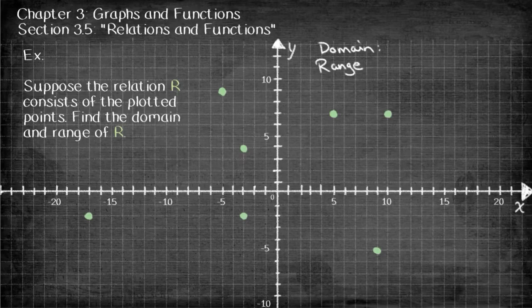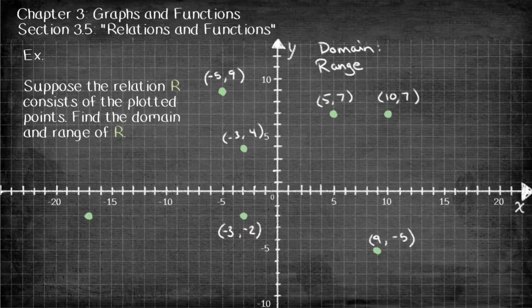It may be a good idea to label each of the points just so we know which x and y values we actually have. So there are labels for all the points.